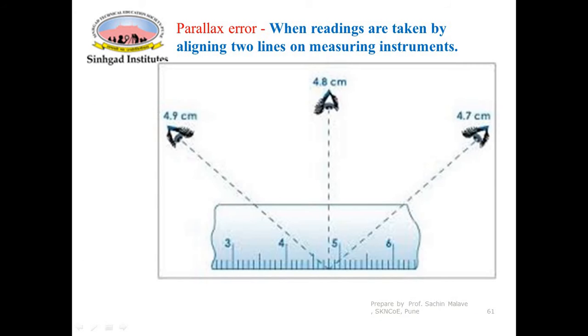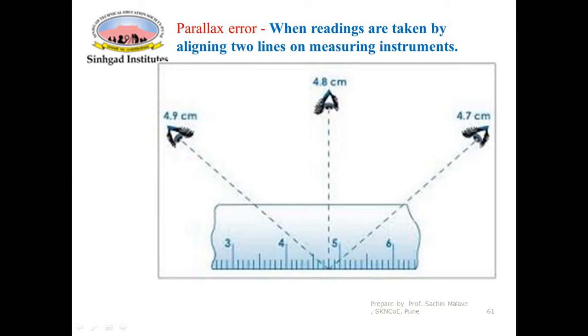Then the third error is called a parallax error. We all have come across this type of error. So what is this parallax error? Parallax error occurs when the readings are taken by aligning two lines on the measuring instrument.